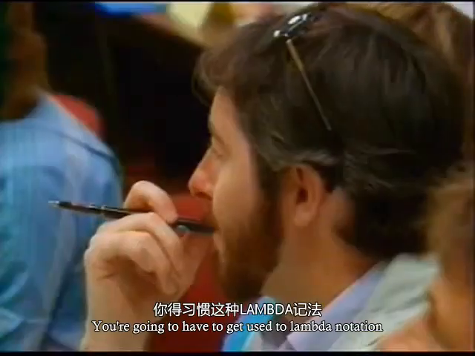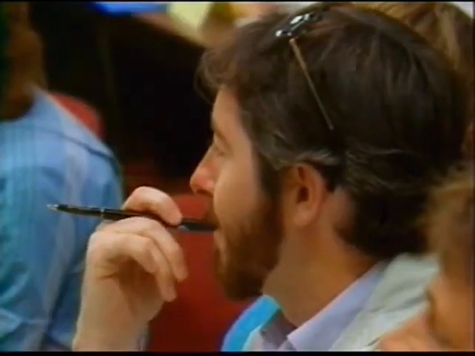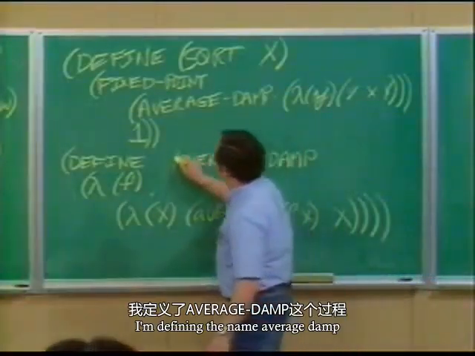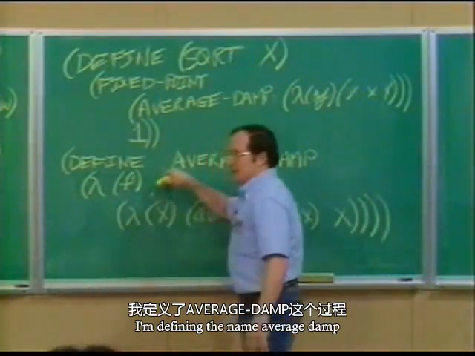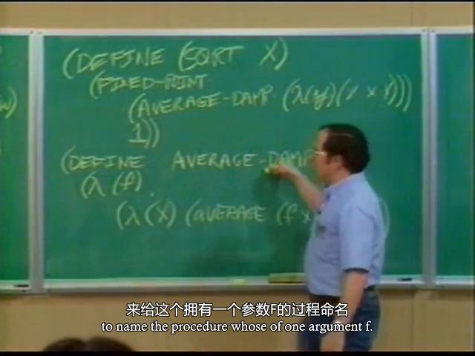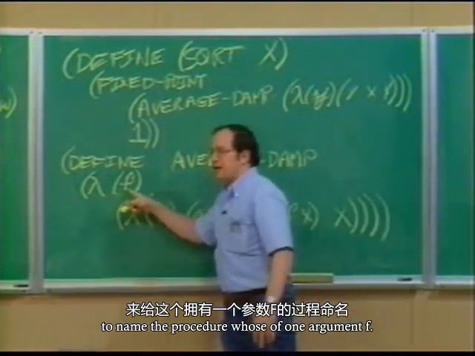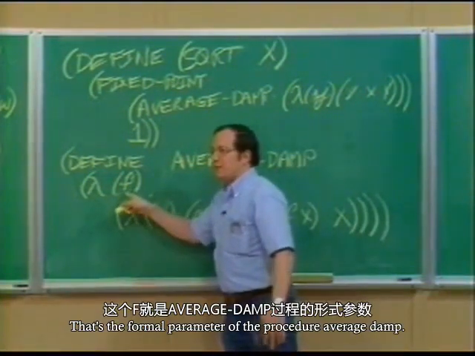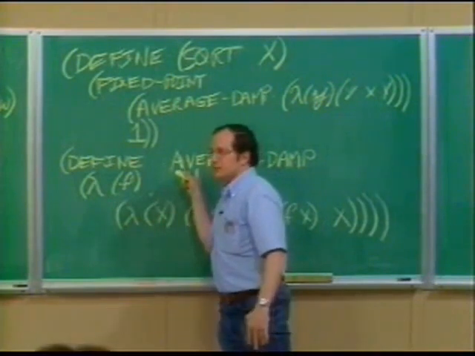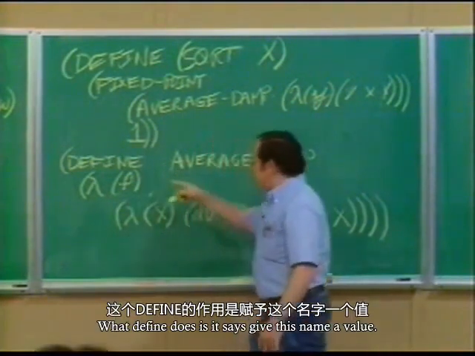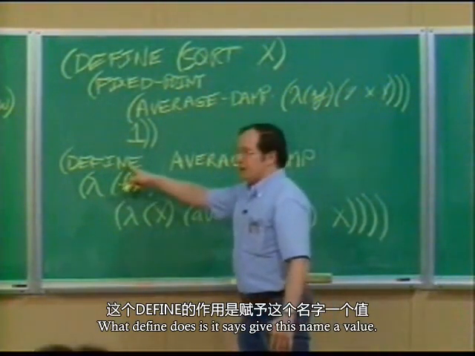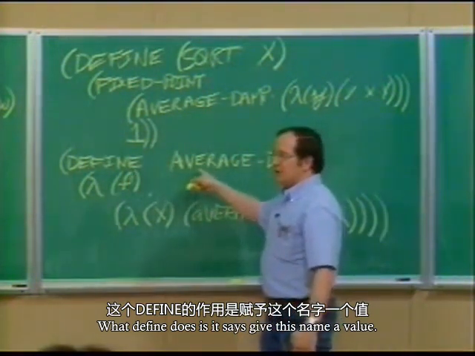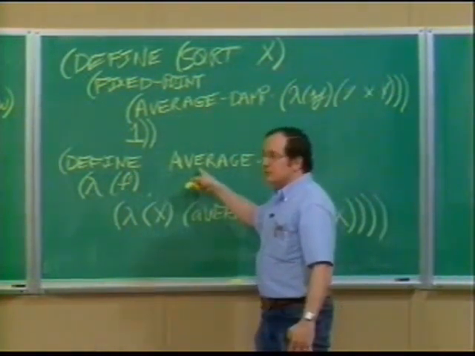You're going to have to get used to lambda notation because I'm going to use it. Okay? What it says here, I'm defining the name average damp to name the procedure whose one argument is f. That's the formal parameter of the procedure average damp. What this define does is it says give this name a value.